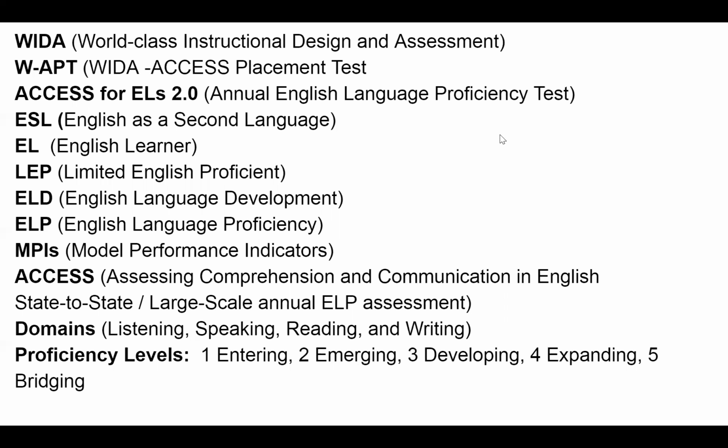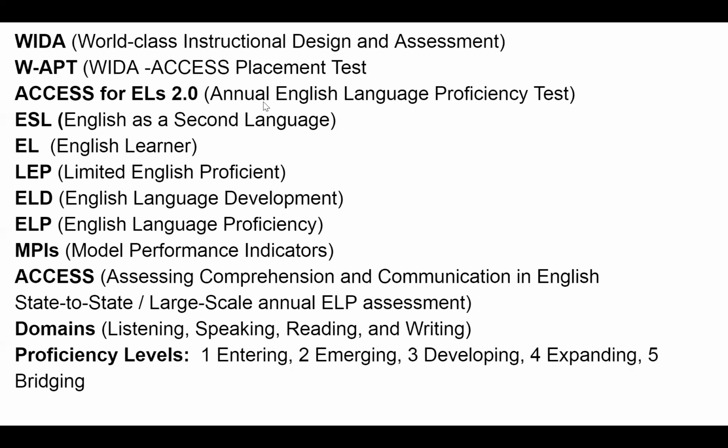ESL is our program, English as a Second Language. EL stands for English Learner. Sometimes you will see ELL, English Language Learner. LEP is Limited English Proficient or Limited English Proficiency. ELD, English Language Development. ELP, English Language Proficiency. MPIs are Model Performance Indicators.